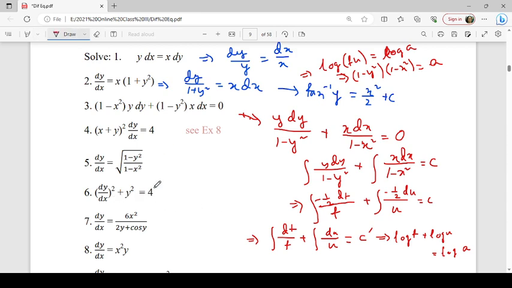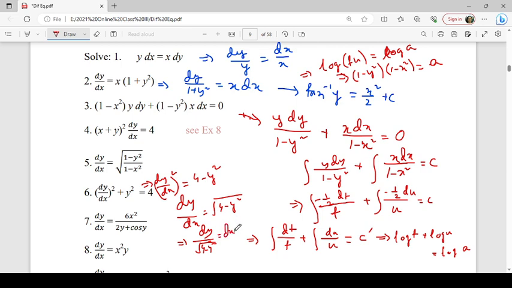This you can write as (dy/dx) whole square is equal to 4 minus y square. Then take the square root, we will have dy/dx is equal to root over (4 minus y square), and then we can write dy by root over (4 minus y square) is equal to dx.